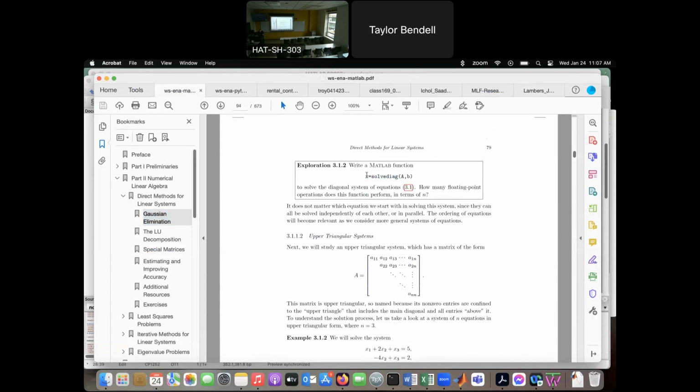What I'm literally doing is giving you the first line of your function. You say in your M file, the word function, and then this exactly, so that you have exactly the inputs and outputs that I would expect.